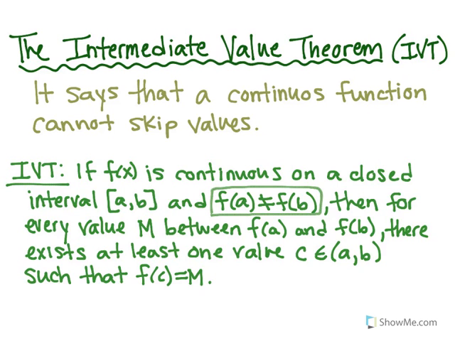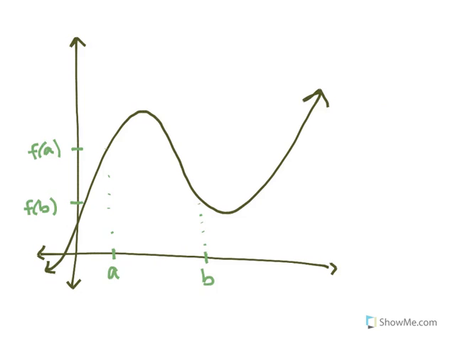In the next part it says, then for every value m between f of a and f of b. So where would m be? If you take a look at this, all of the values in between f of a and f of b here, those are my m's. So every single y value in between could be an m. And notice that if I trace my function just between a and b, I should get all of the m's in there.